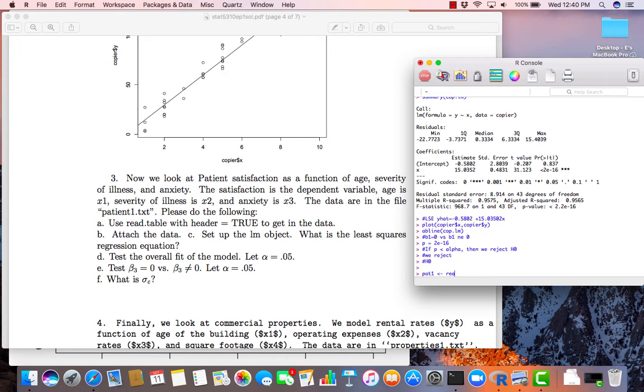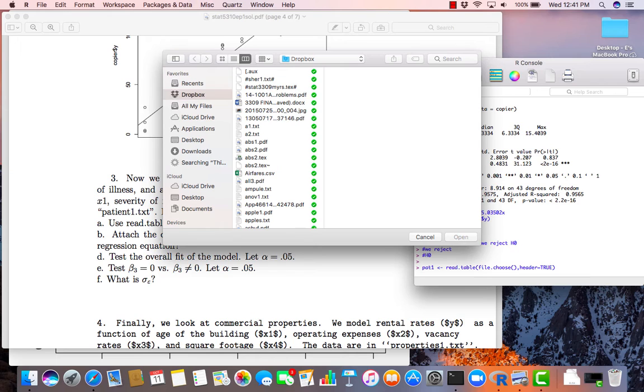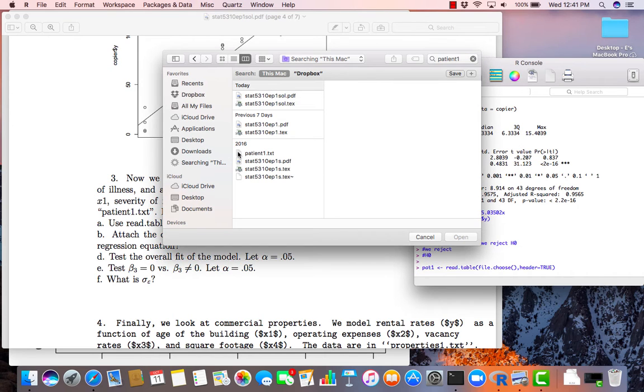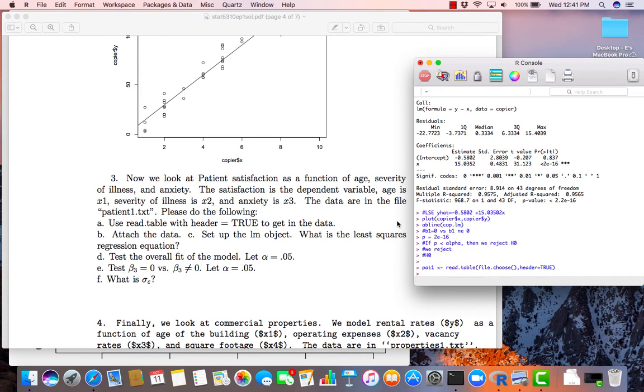So we're going to have read.table, file.choose, comma, header equals capital TRUE, and patient 1. Okay.